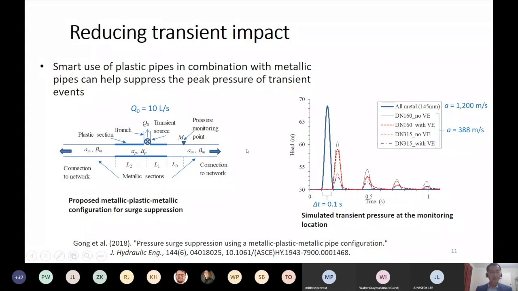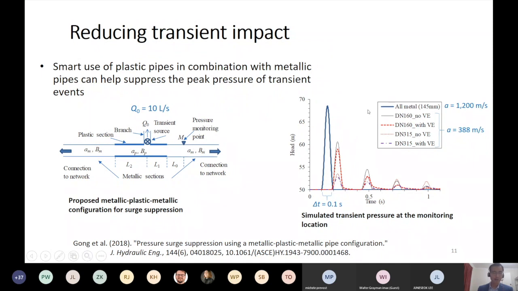Then we did follow-up research in terms of suppressing the peak pressure. So we know the buildings contribute to most of the transient events, but water utilities can't really do much inside the buildings, because it's out of their control. So we're thinking, okay, can we do something on the water distribution side, on this part of the meter? Here we consider a water main, which is along the street, and we have a branch going to a building, for example. So we compared the original condition, which is all metallic.